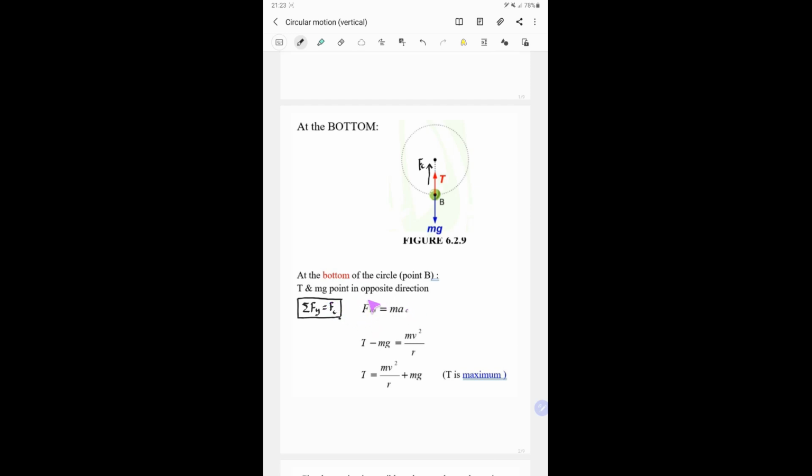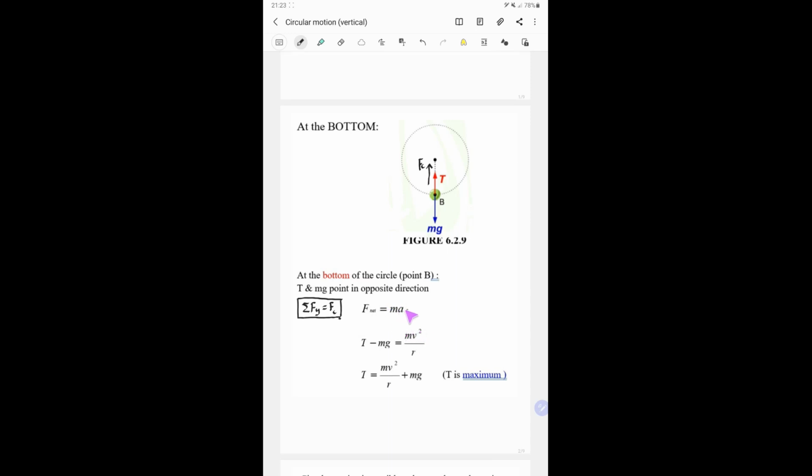So what forces actually contribute to Fc here? That is T and mg. As we know, T is positive while mg is negative, so T minus mg. The force is mg, or weight. So in this case, T minus mg equals Fc.